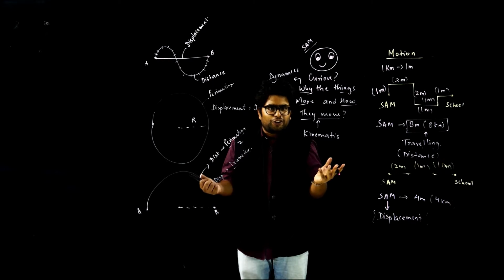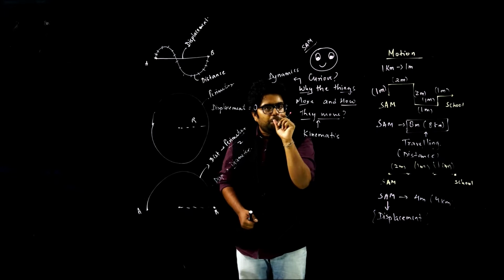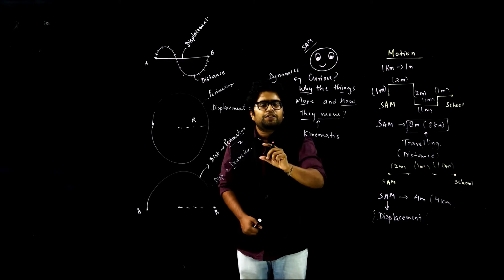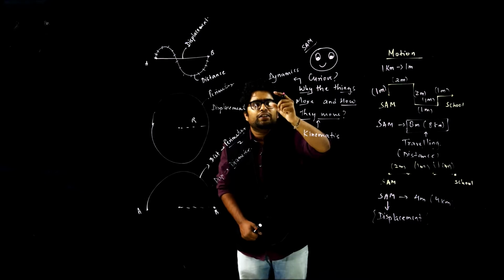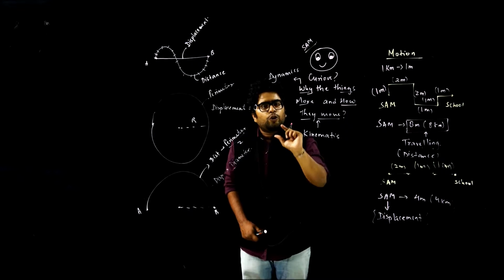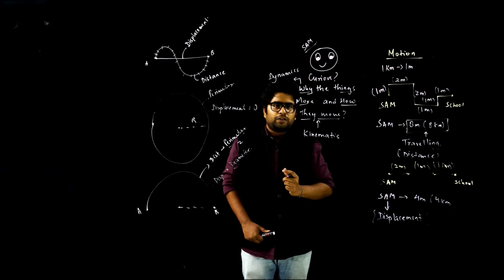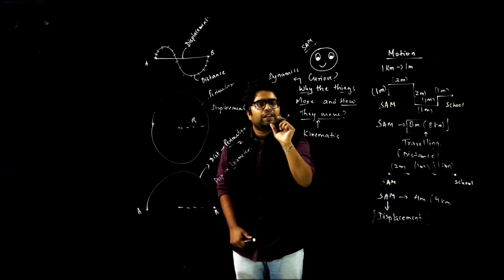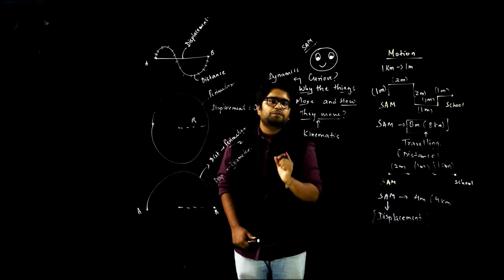That's why we are naming it shortest, right? So in other words, distance can be greater than displacement, or distance can also be equal to displacement. The distance is equal to displacement when the particle is moving in a straight line path.